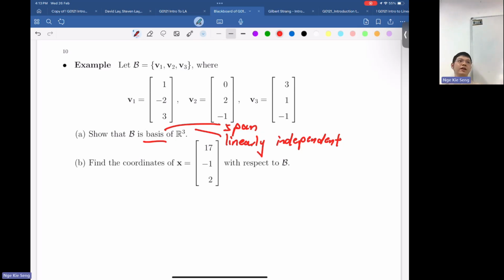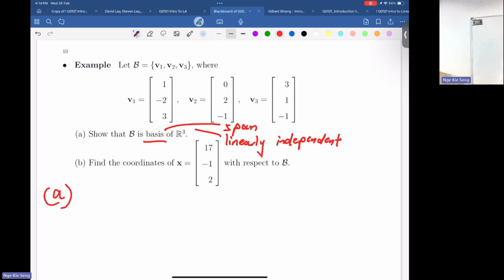So how to check? One way to do is, should I teach you the method?